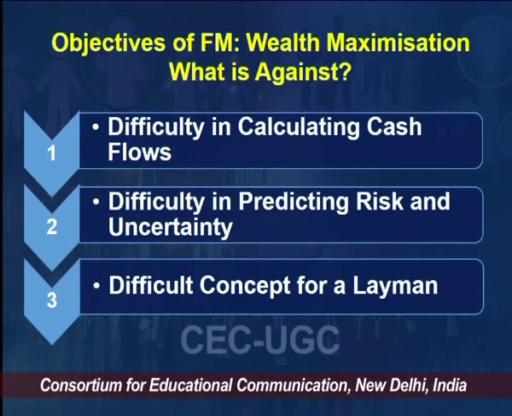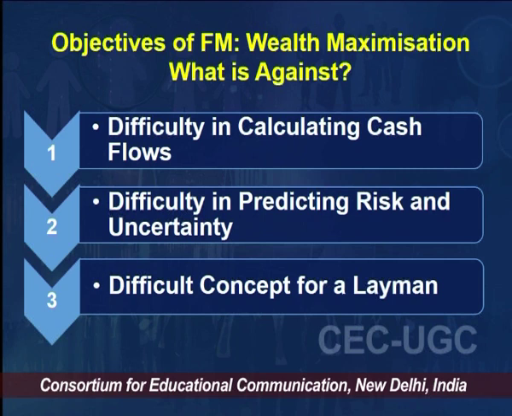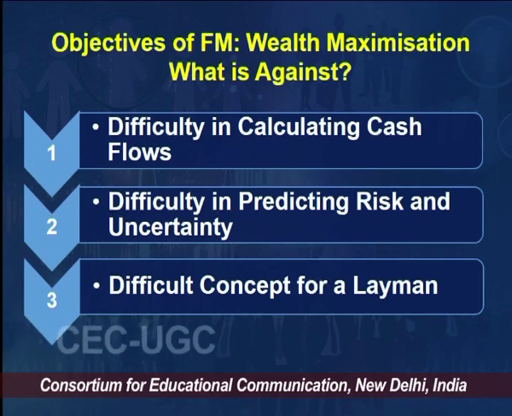There are not many, in fact. The first one is difficulty in calculating cash flow. Number 2 is difficulty in predicting risk and uncertainty. Number 3, it is a difficult concept for any layman. Though we say that we use cash flows in the wealth maximization concept, the problem is in calculating cash flows.